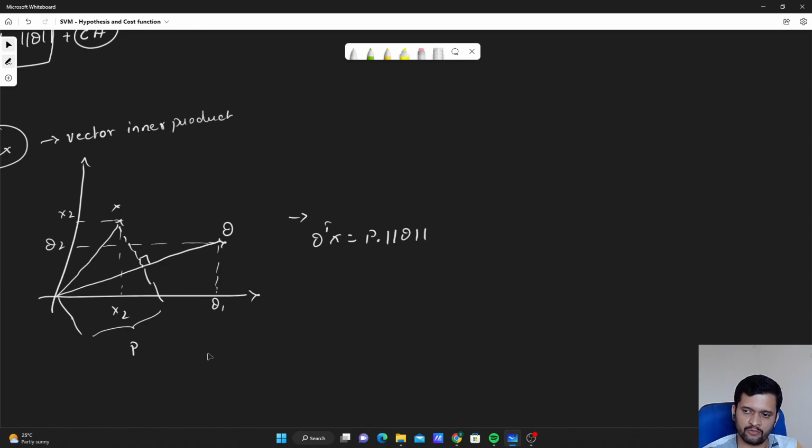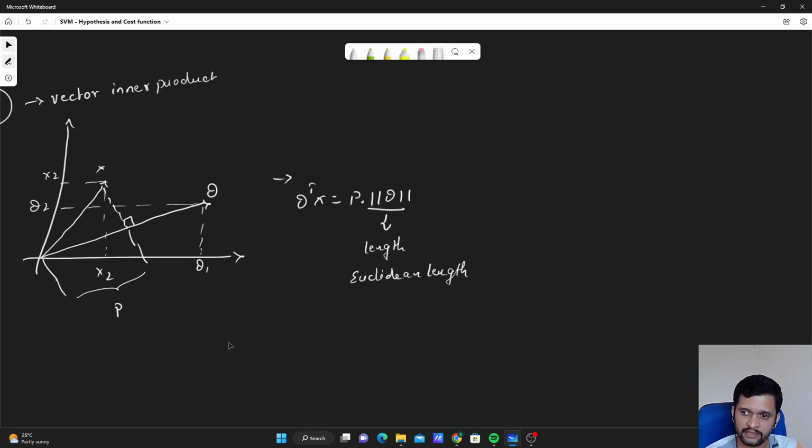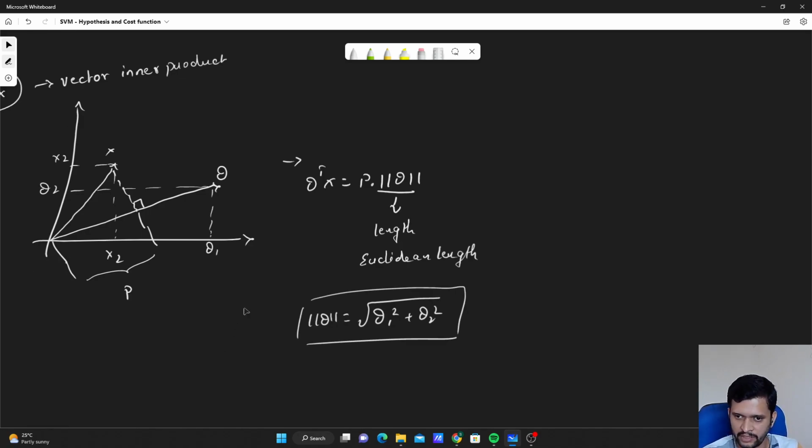This norm is also called the length, in other terms the Euclidean length. So the length of theta can be written as the square root of theta 1 squared plus theta 2 squared, correct? This will be the norm of theta.